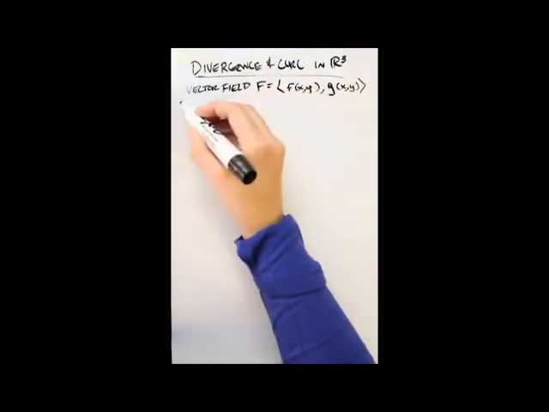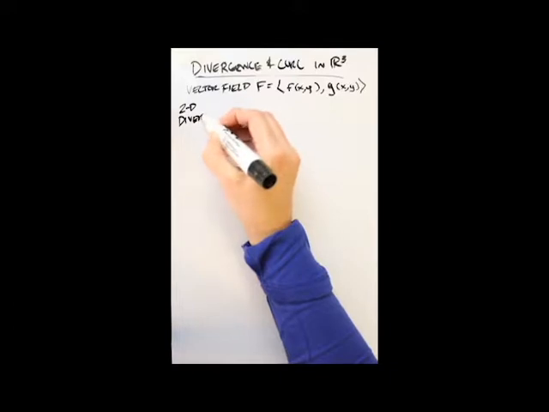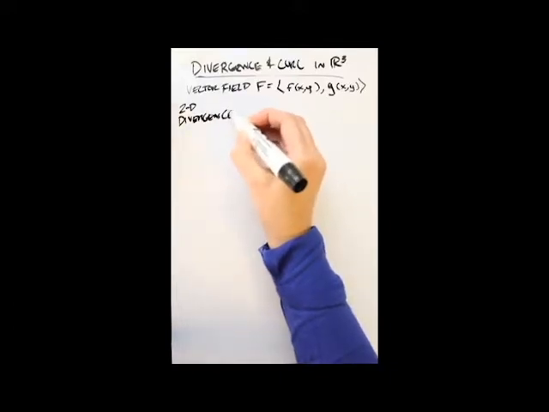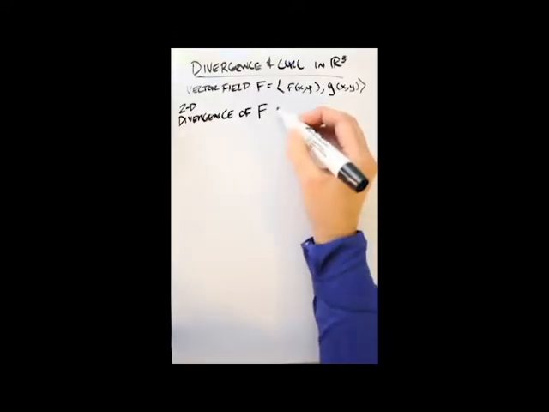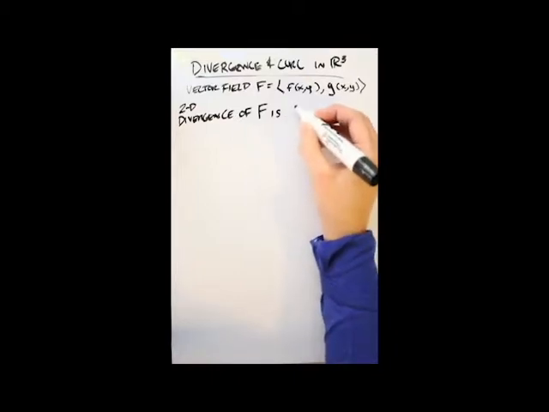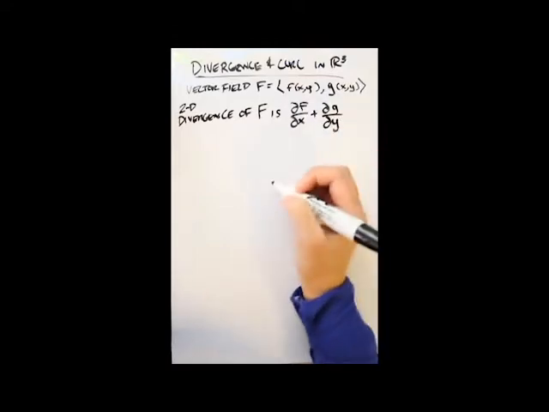Now the two-dimensional divergence of our vector field F was, if you remember, the integrand of Green's theorem if you were considering the flux form of the theorem. So this is just equal to the partial derivative of f with respect to x plus the partial derivative of g with respect to y.